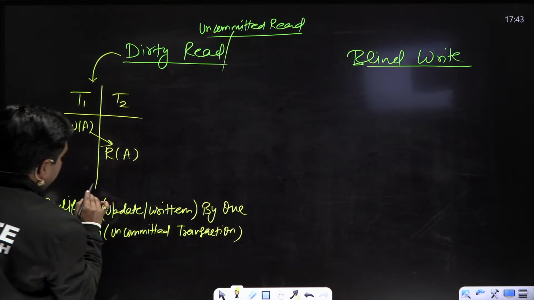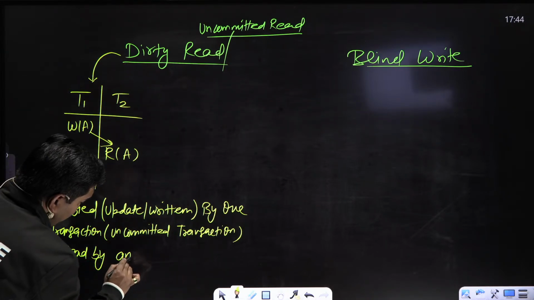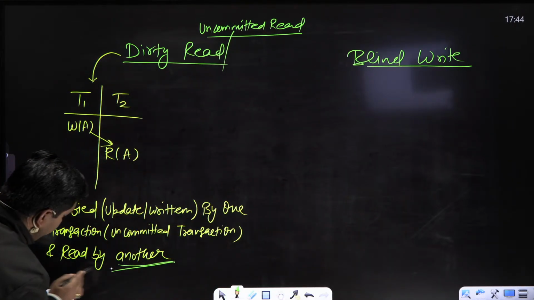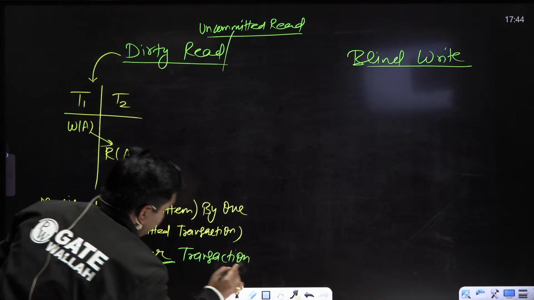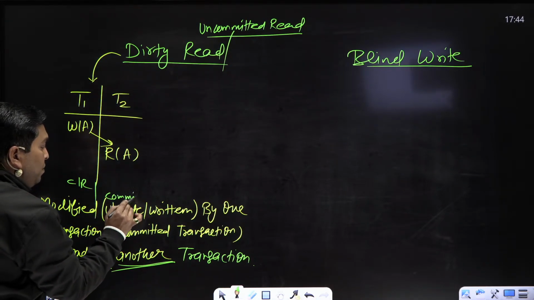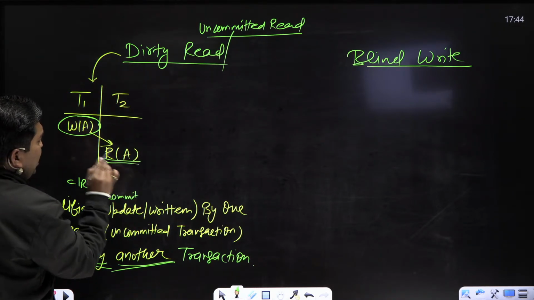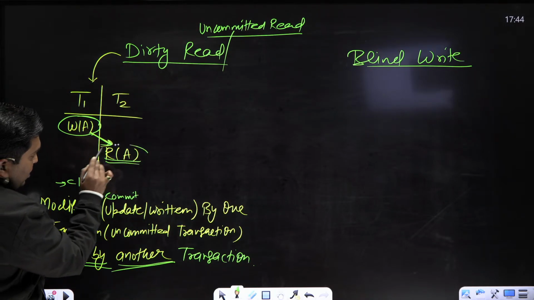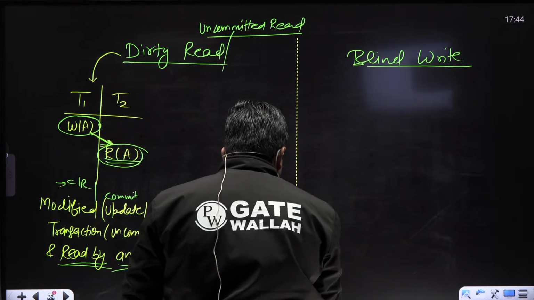And it is read by another transaction. Here commit or rollback, no problem. But when you write, at that time it was not committed, and you are reading an uncommitted value. This is the case of dirty read. Sham, clear?